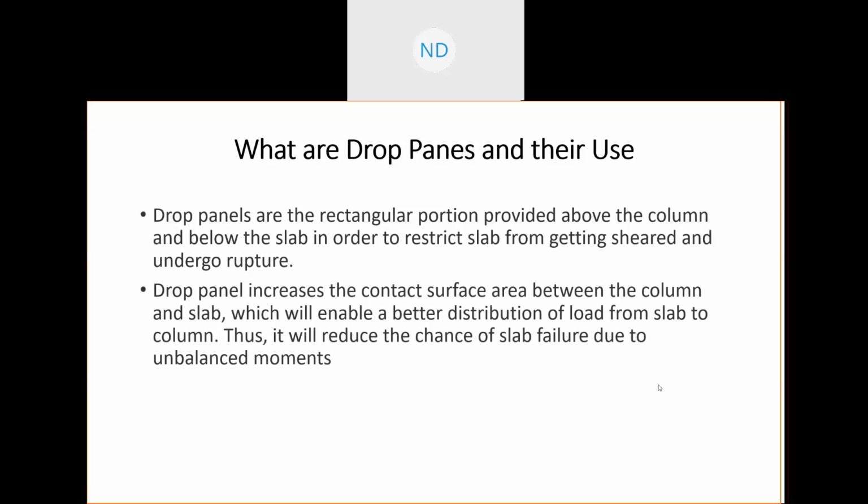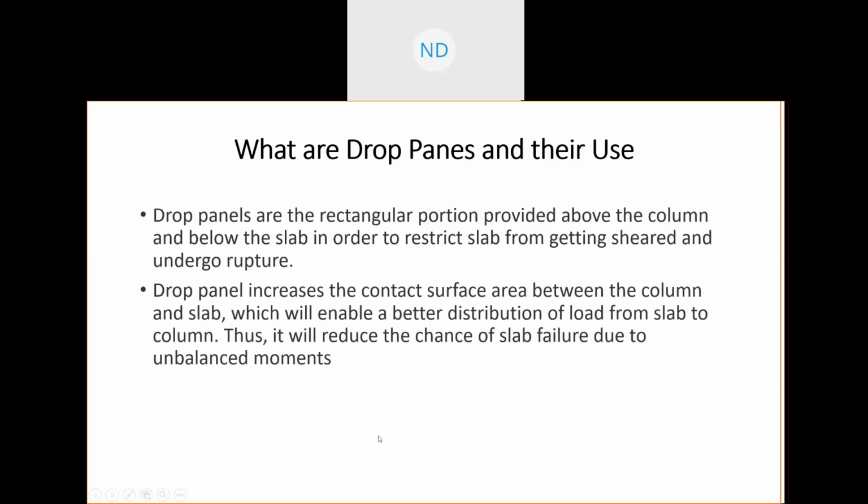Thus it will reduce the chance of slab failure due to unbalanced moments. Since we are not using beams, so that the load is distributed properly and there is no slab failure, that's why we sometimes give drop panels in flat slabs.